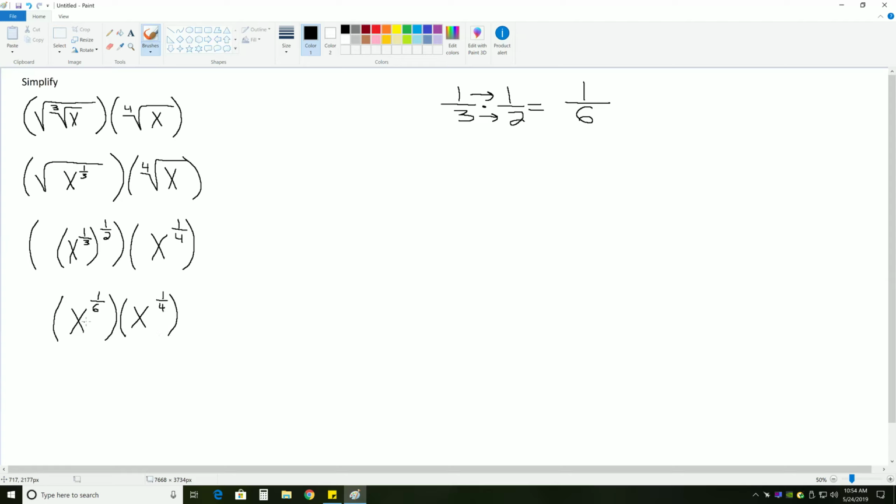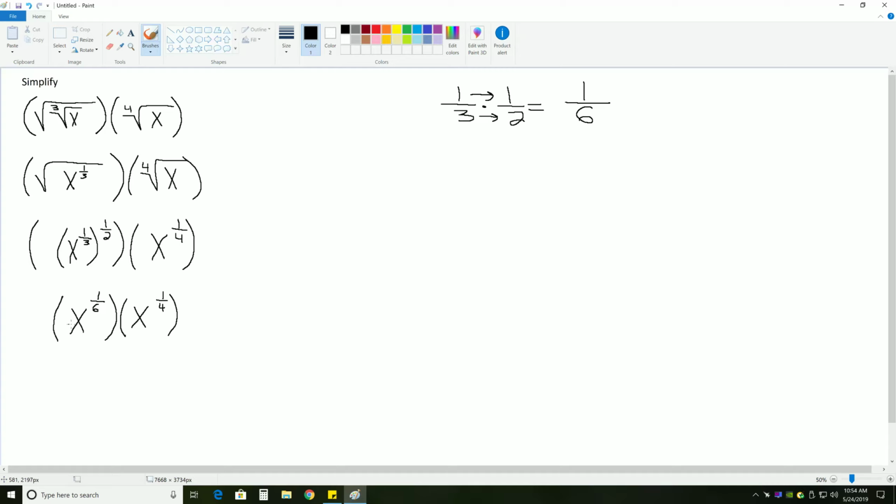And now we are multiplying two common bases. They're both a base of x, which means we need to combine the exponents by adding them together. If this were an x and this were a y, there wouldn't be anything else that we could do to combine them.